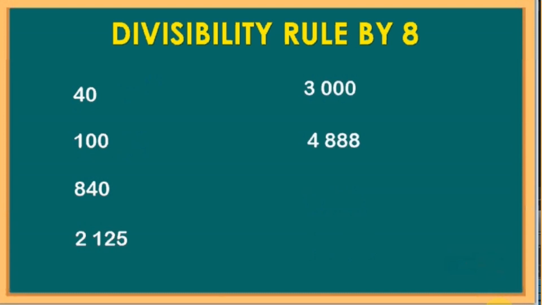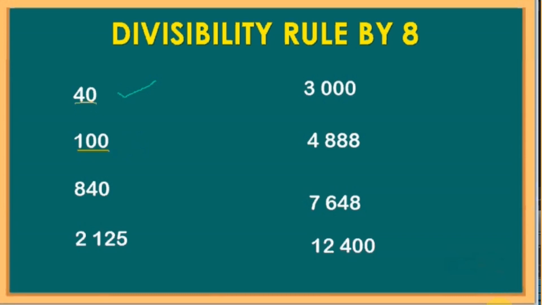Examples: 40, 100, 840, 2,125, 3,000, 4,888, 7,648, and 12,400. For 40, we already know that 40 is divisible by 8. So this is divisible by 8.